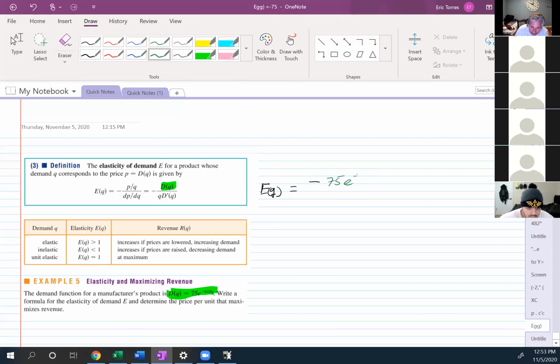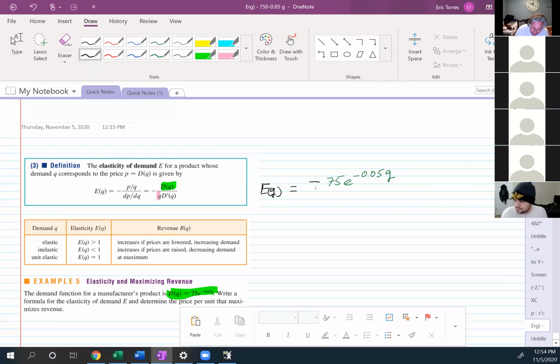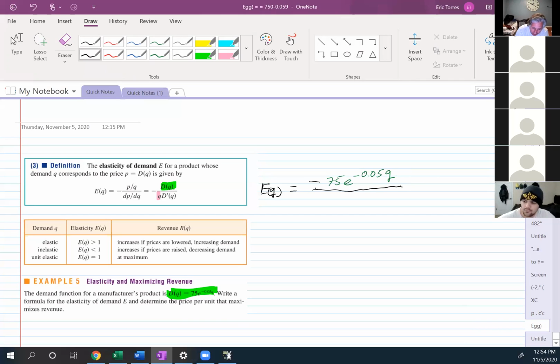75 e to the negative 0.05 q. That's my demand function. Quantity is just q. We don't do anything with that. And the next thing I need is the derivative of that demand function with respect to quantity.